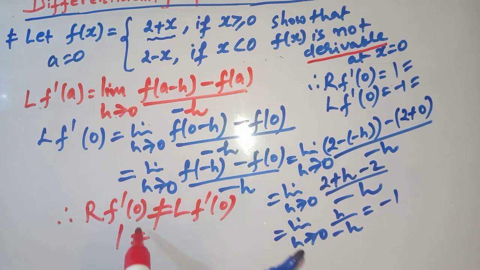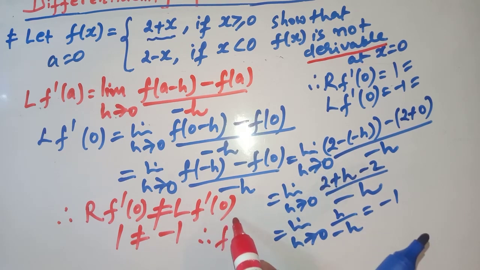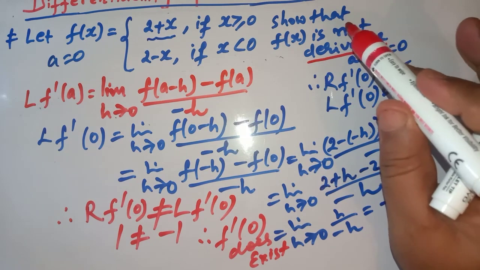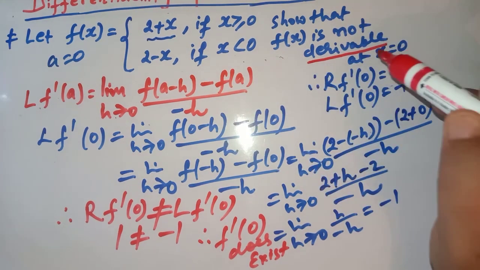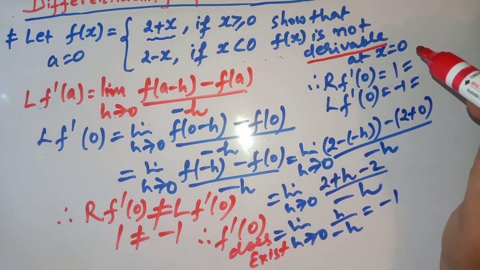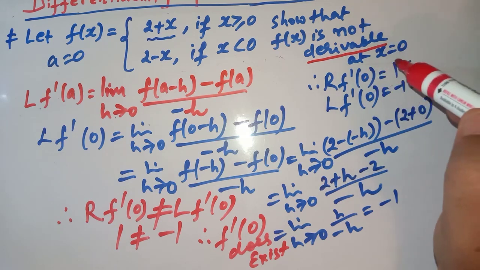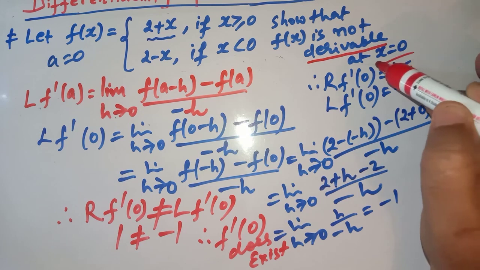So 1 is not equal to minus 1. So therefore f'(0) does not exist. Clear? So hence we can say that f(x) is not derivable at x = 0, or f(x) is not differentiable at x = 0. Clear?